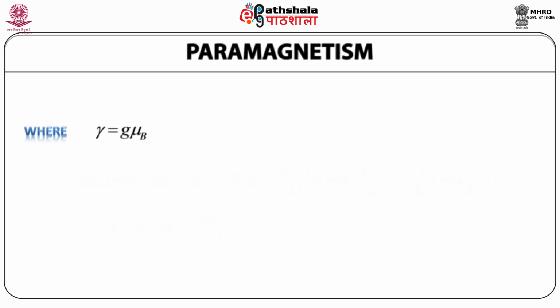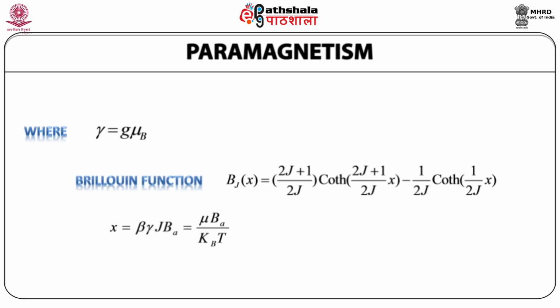You can write down the expression for the magnetization as was shown in the previous slide, where B_J(x) is the Brillouin function. The Brillouin function, which I have written down here, is (2J plus 1) by 2J into coth of (2J plus 1) divided by 2J times x, minus 1 divided by 2J into coth of 1 by 2J times x.